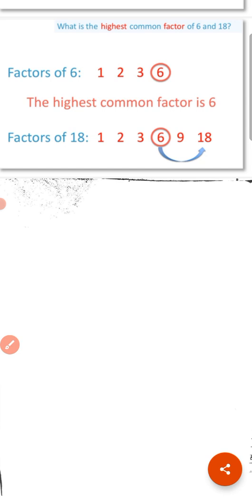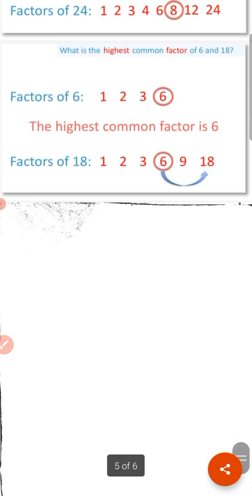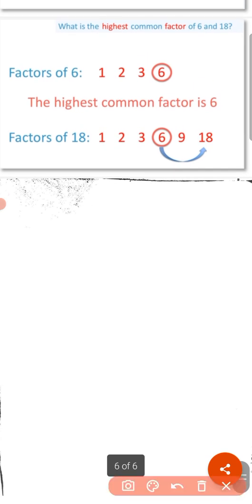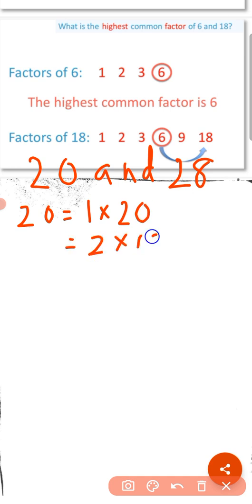Let us do one more question. Find the HCF of 20 and 28. First find the factors of 20. 1 into 20, 2 into 10, 4 into 5.